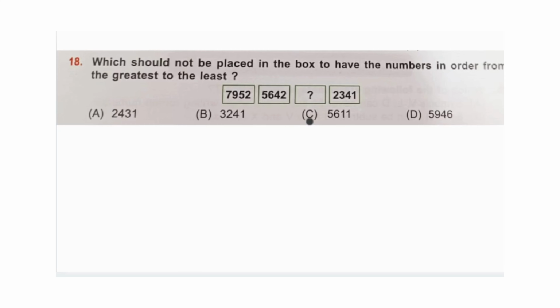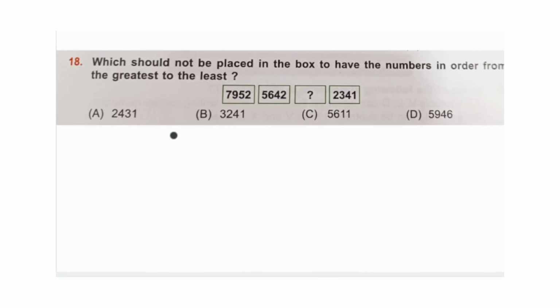Let's see. What we can do is, if you see the last option, which is 2341, we can try to find a number that is bigger than this number and will fit in here properly. But when you see the options, 2431 is greater than 2341, 3241 is greater than 2341, 5611 is greater than 2341, and 5946 is greater than 2341.